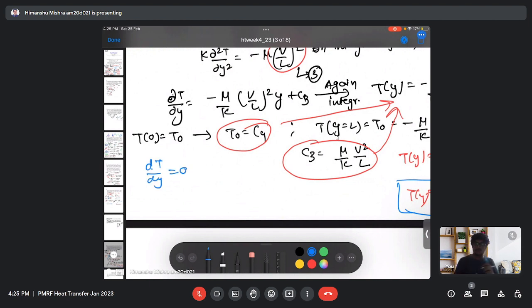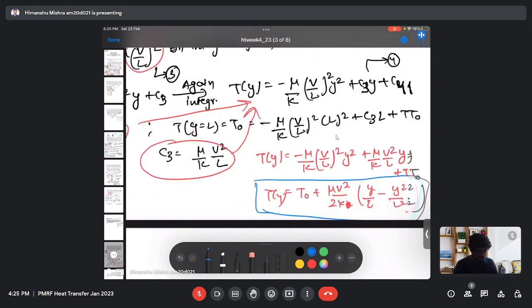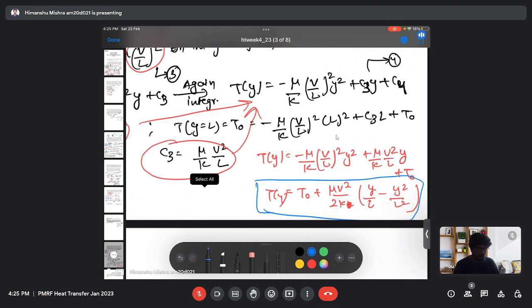So from that, we can get the location of the maximum temperature. Let's say my location is Ym. So this I get when I equate the slope of the temperature to 0. So once I get Ym, I can just put it in equation number 4 to get the maximum temperature.